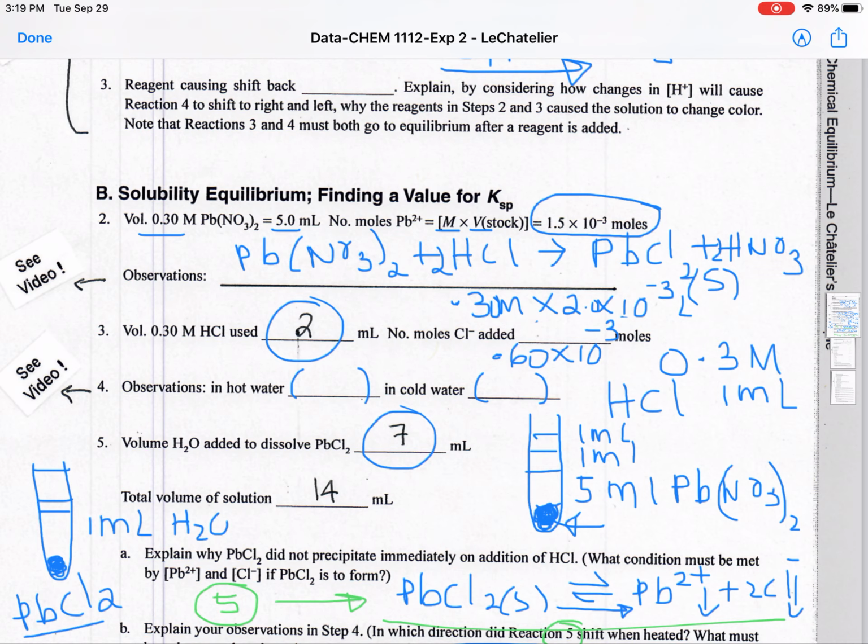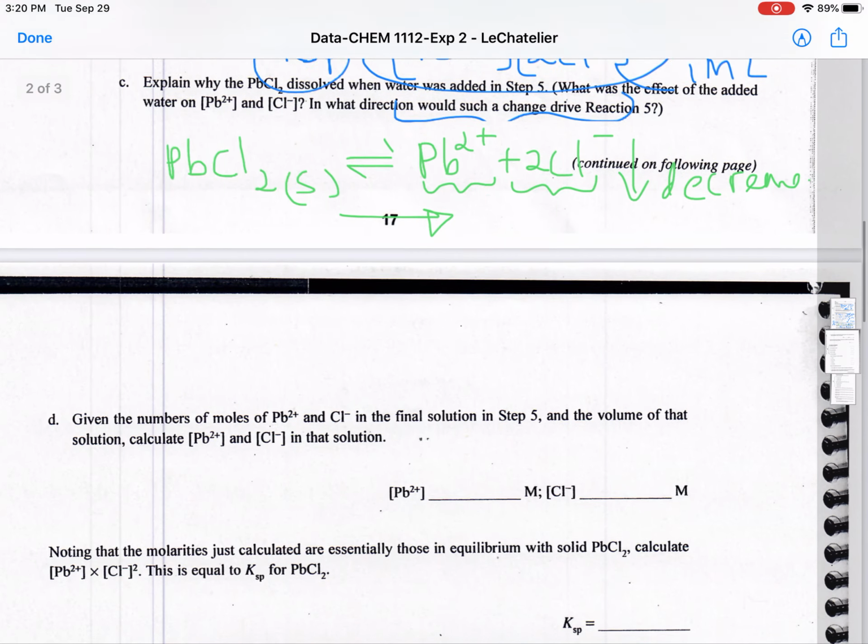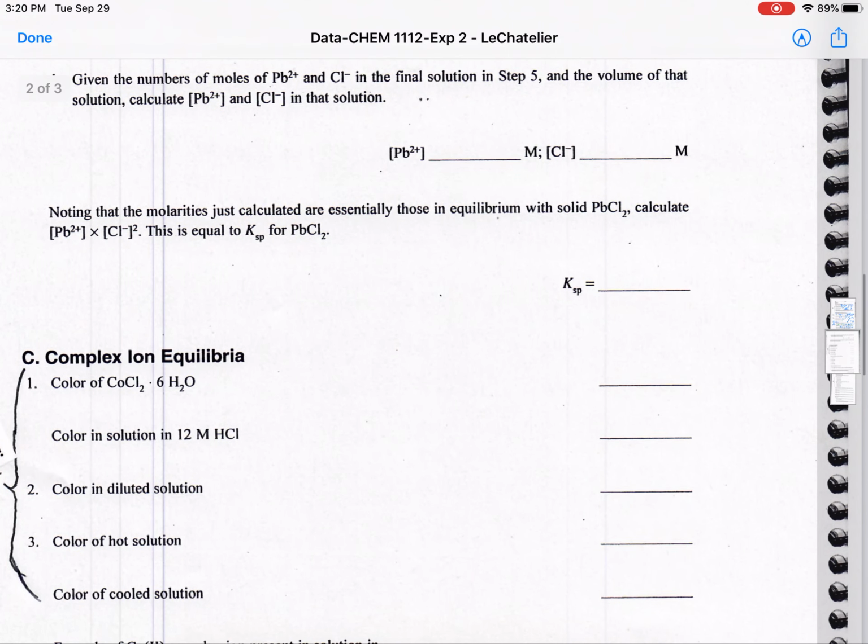So just to completely dissolve, meaning at that time we have reached the KSP value. We are dissolving in such a way that your reactants and the products are in equilibrium. At that time the volume of the solution is 14 milliliters.